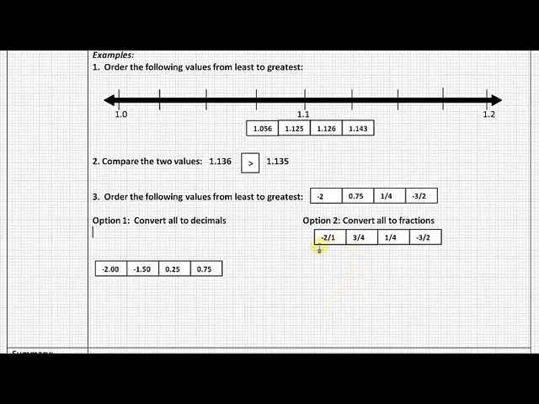So again, it's a little bit easier because we've already done some work over here, but if we were assuming this was the first way that we looked at it, when comparing and ordering fractions, you have to make sure that your denominators are all the same, so you have to do a little extra work.